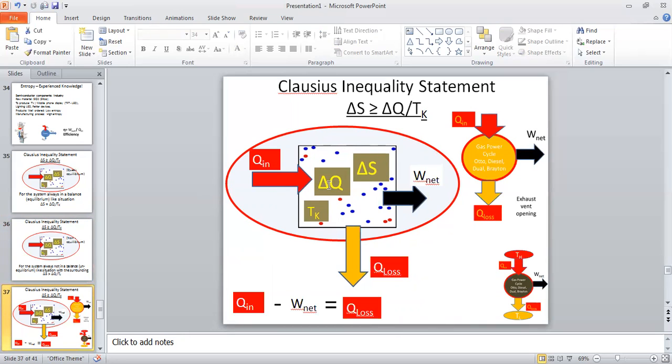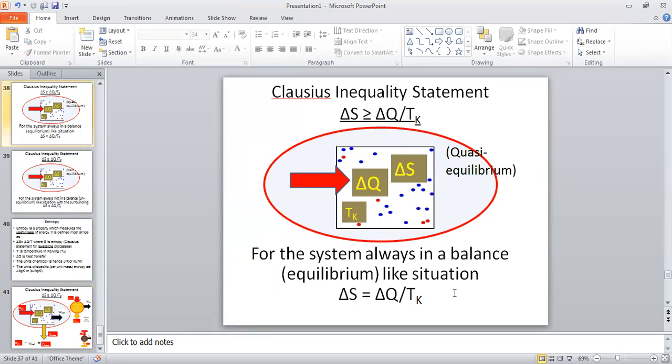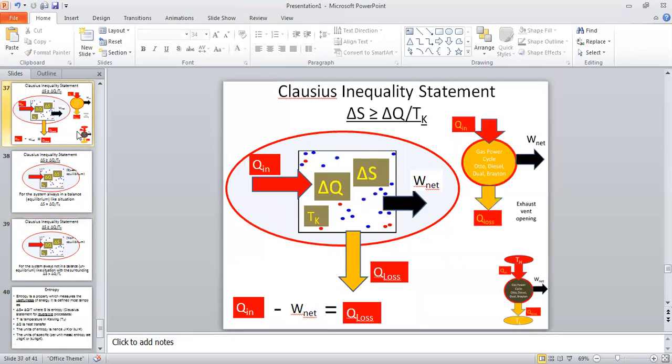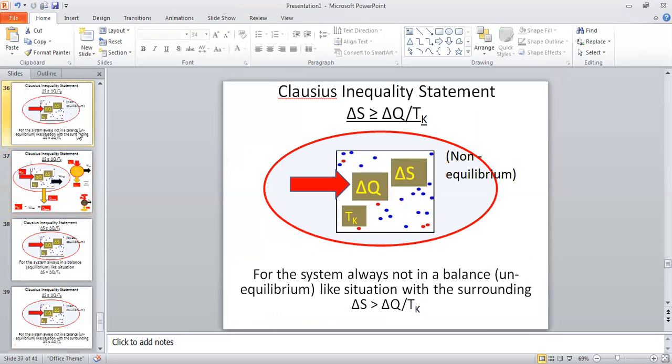Again, you have energy into the system, work out, and loss. Net energy balance is Q in minus W equals Q loss.